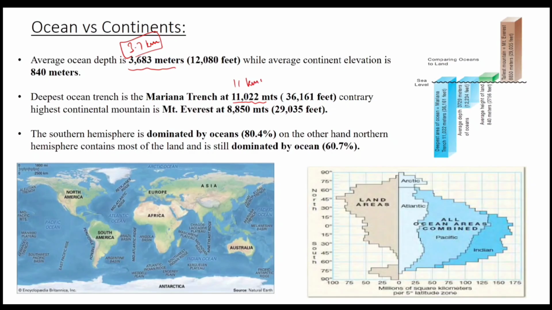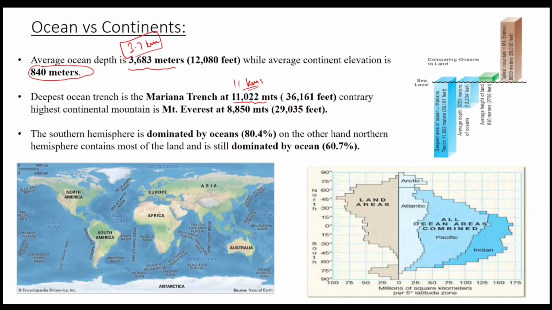Comparatively, if we see the continents, the continents' usual average elevation is 840 meters, which is nearly 4 times less.